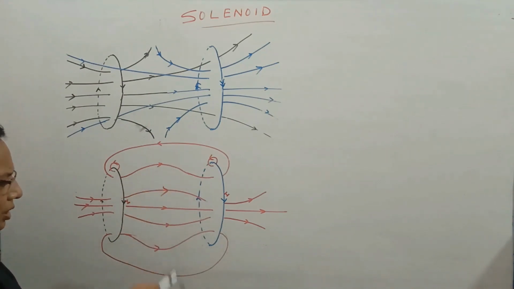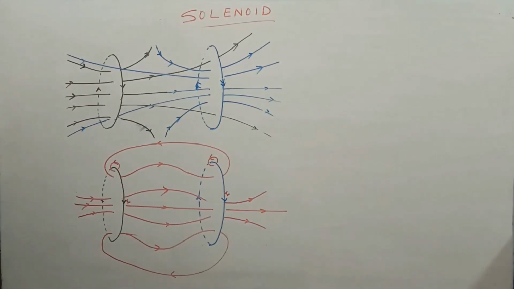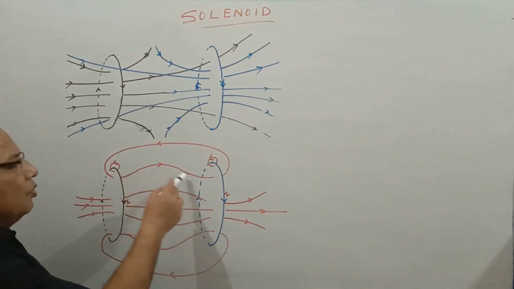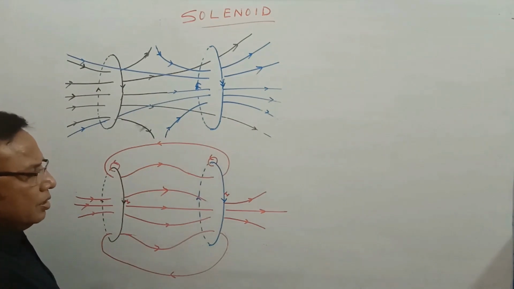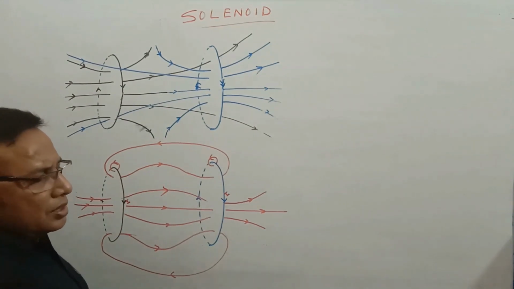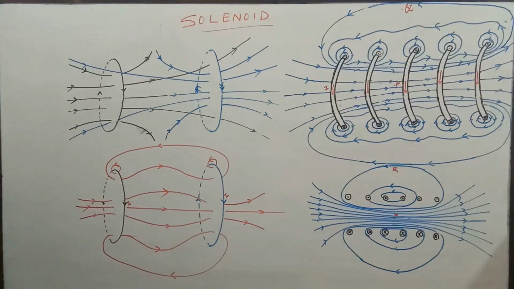This is due to the vector sum of the fields that are oppositely directed. In the same way, the magnetic field due to a number of loops can be determined. Here we see that the magnetic field forms a continuous loop. There is nothing like starting from a positive charge and ending on a negative charge, as in electrostatics or electric field lines.